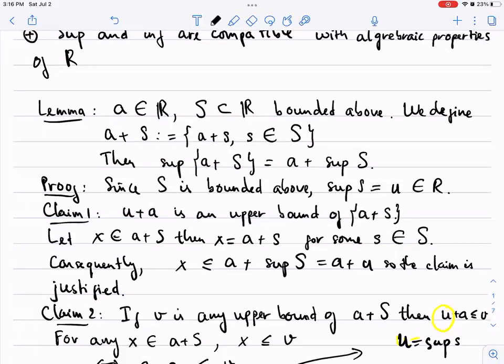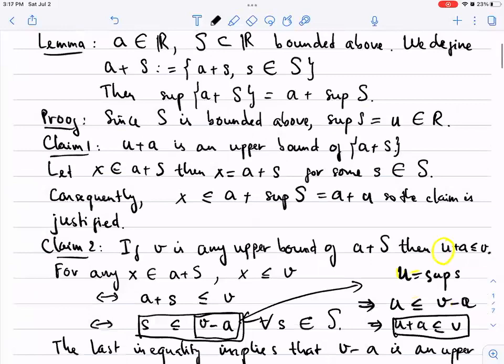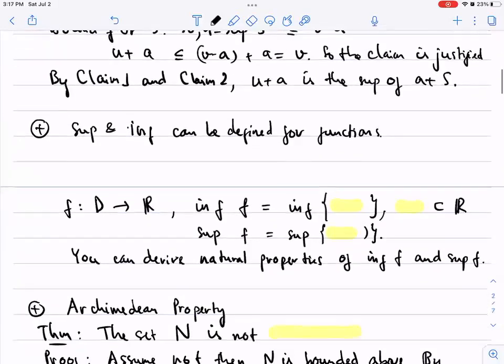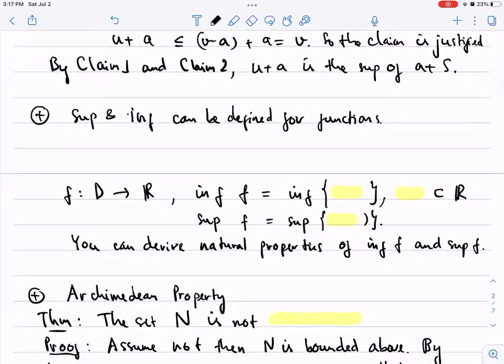That's why it is said that supremum and infimum are compatible with algebraic properties of the set R. And this lemma is important, but we're gonna skip its proof and we're gonna discuss other applications of the completeness property. The next thing is that the notion of supremum and infimum can be defined for functions.